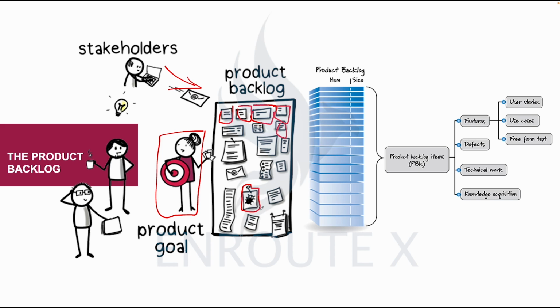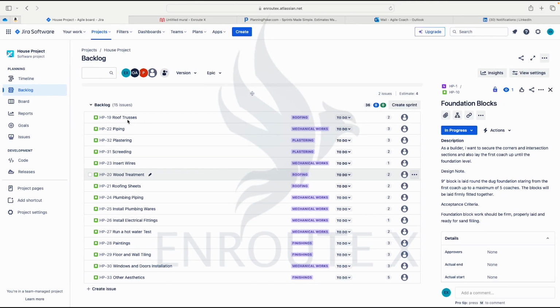So when there are errors, we write a story as a bug and stack it up on the product backlog, right? So this product backlog here is the same as what we have here.